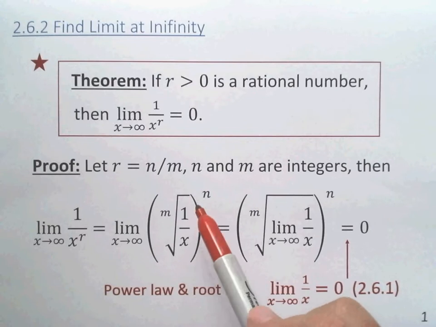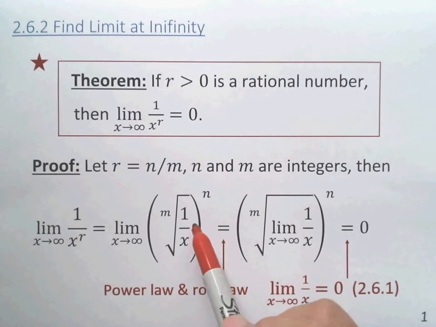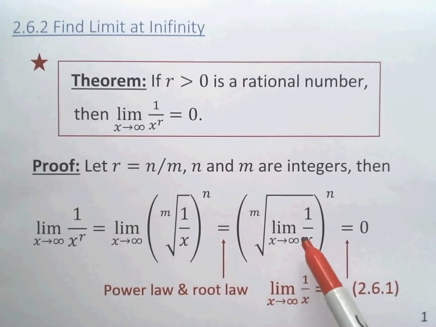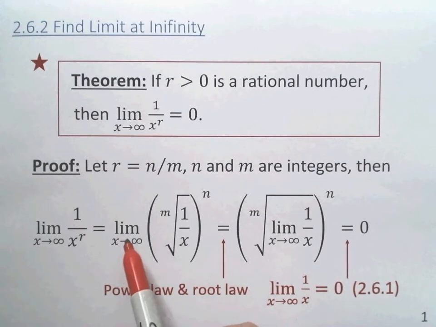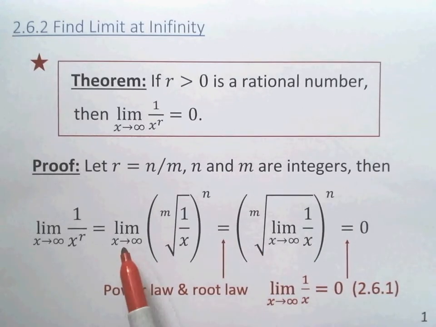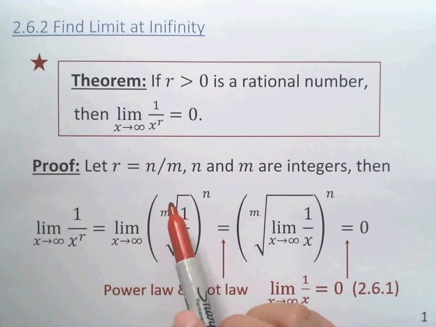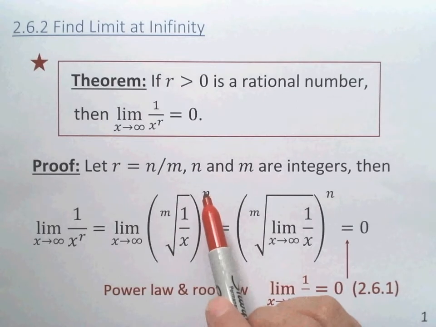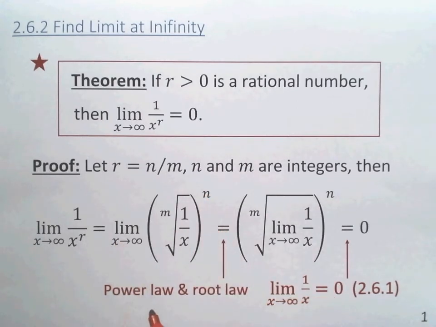If we write it in this way, the next step is to move the position of the limit by the limit laws we learned before. Can you see? First this is the base, raised to a power, so we have the power law: the limit can go into the base.